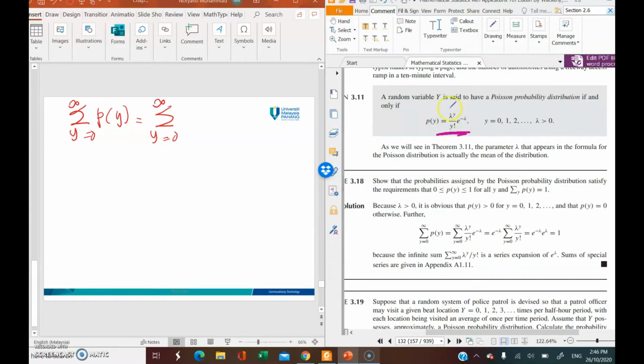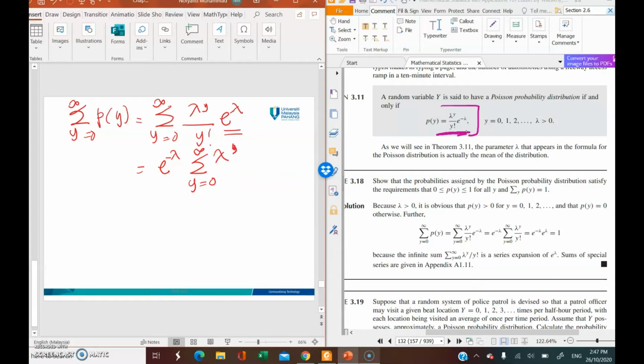So p(y) is this one, lambda to the power y times e to the negative lambda over y factorial. Okay, so you can bring out this one, because you don't have any y here. So e to the negative lambda times the summation y from 0 until infinity of lambda to the power y over y factorial.